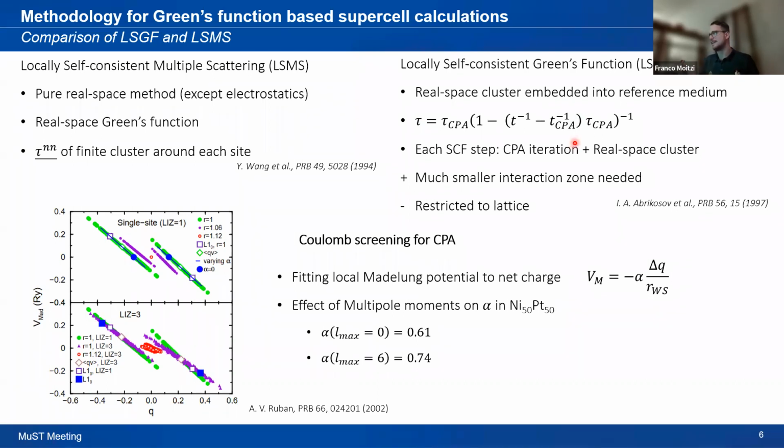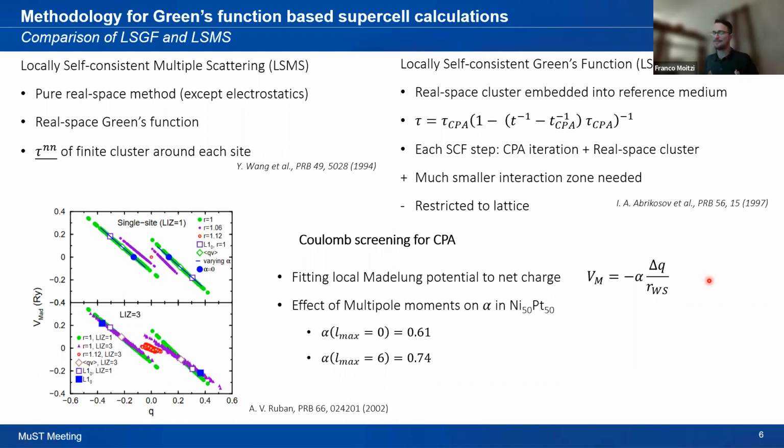We always do one CPA step and run a real space cluster step in each SCF iteration. The main advantage of this whole thing is that you just need way smaller local interaction zones to get converged results as compared to LSMS.